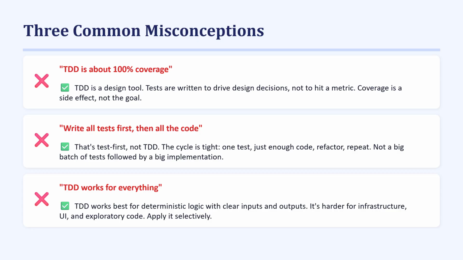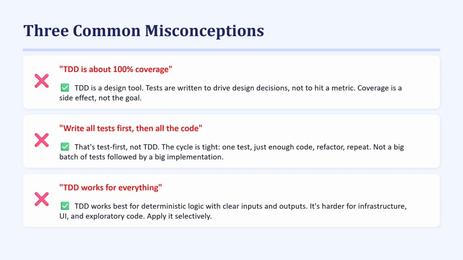And that's why, going back to what I said at the beginning, the design phase doesn't exist like it does in the more standard form of software development, because we write tests to drive design decisions, not to hit some kind of metric. So we don't want to think about coverage. It's a side effect, not the goal.